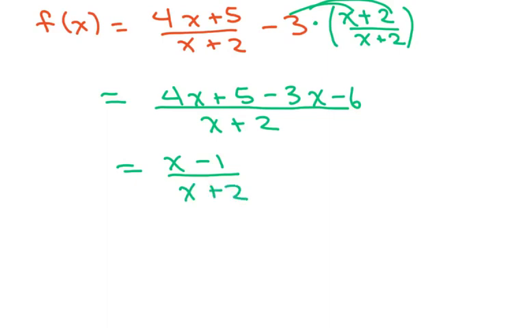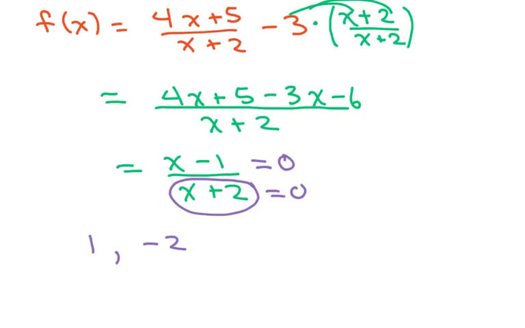Therefore, my zeros: you set your numerator to 0 to get your zeros, and that's going to be 1. And also, it's undefined where you set your denominator to 0. That's going to be negative 2.